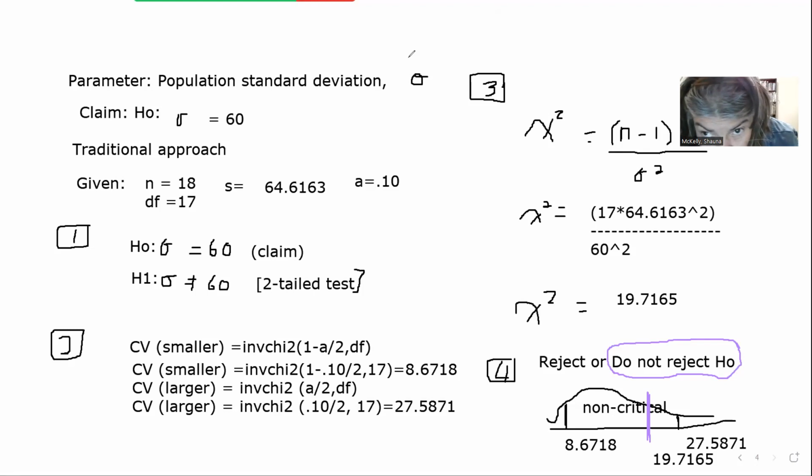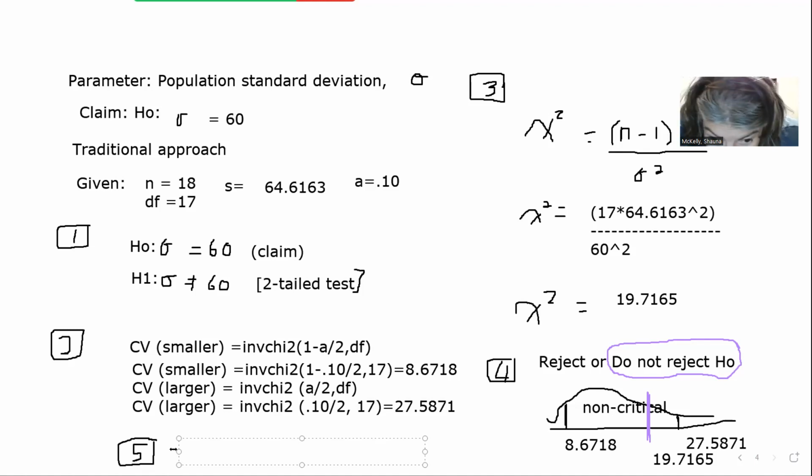Remember your step numbers and remember to box your step numbers. Step 5, box your step number here. And you're going to use your flow chart and use the exact wording. You did not reject H0, your claim was H0, and you didn't reject it.